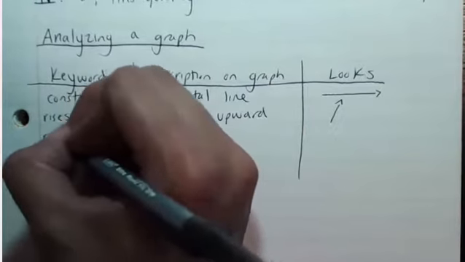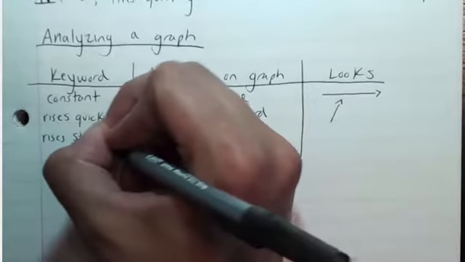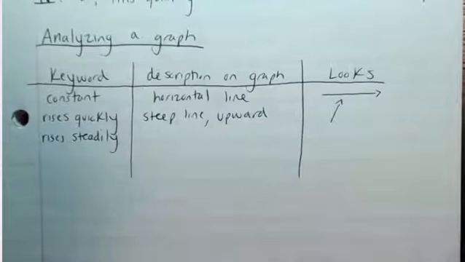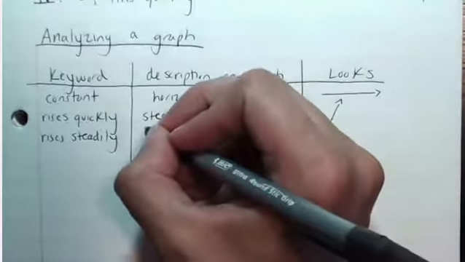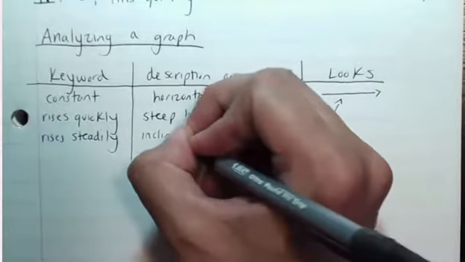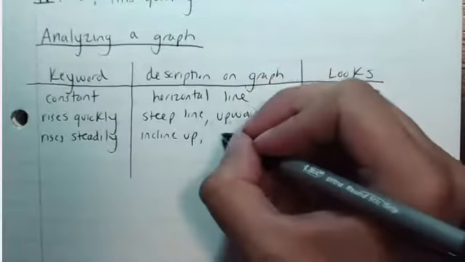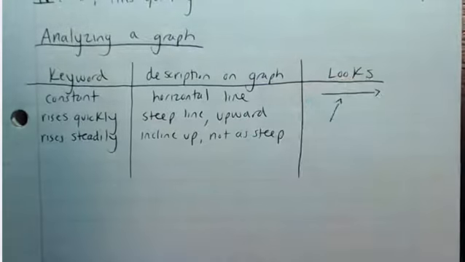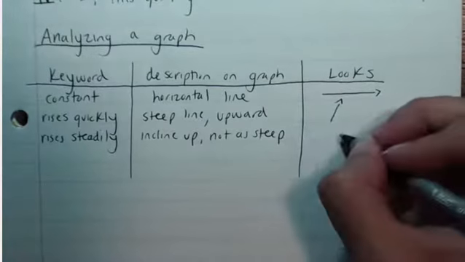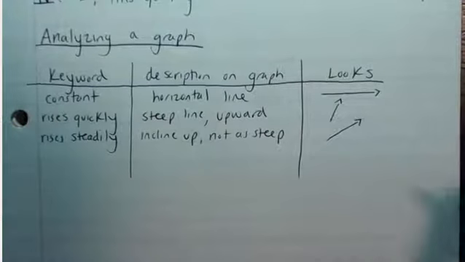Say they use the word rises steadily. Okay, this would again represent that it's inclining up. However, it's probably not as steep as if it's rising quickly. So it probably is more like an angle.